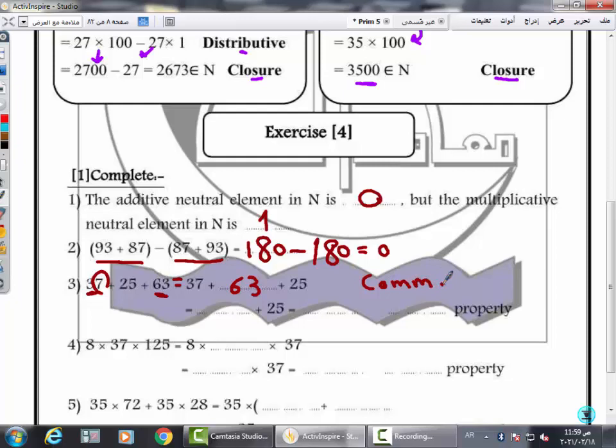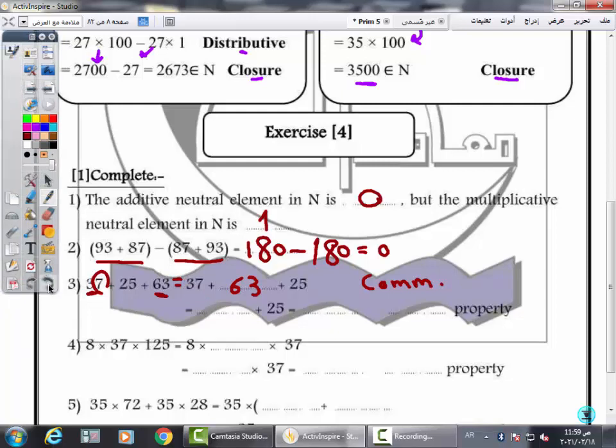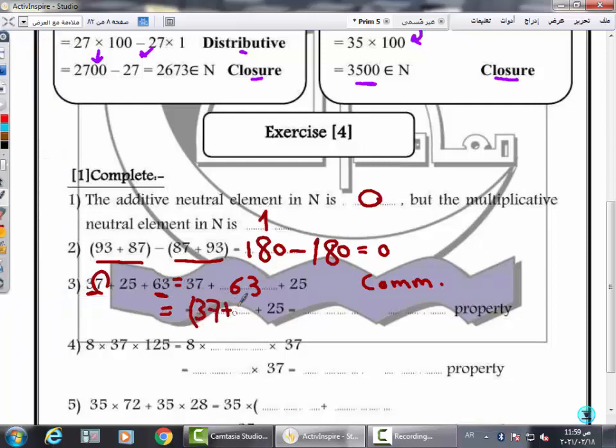Then get the result. Okay, we will take 37 plus 63. Okay, this is called associative property.